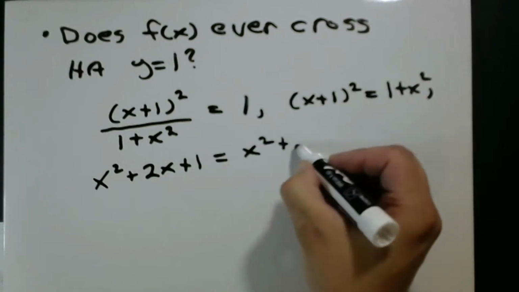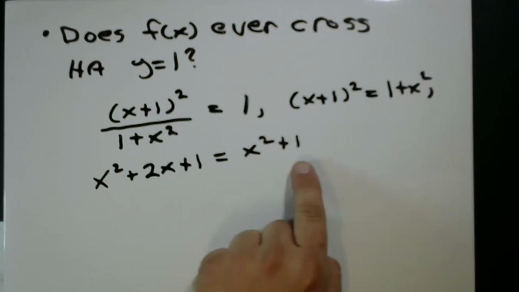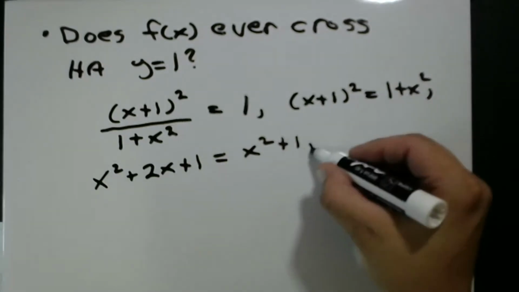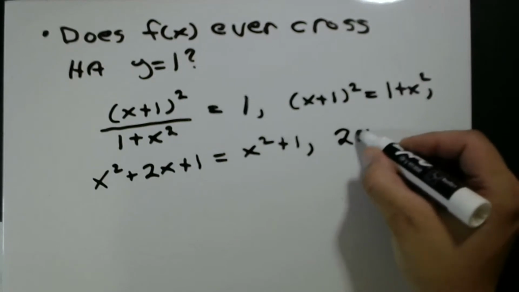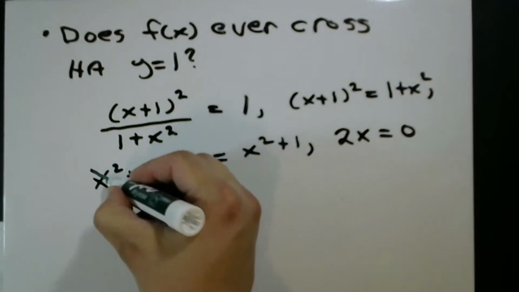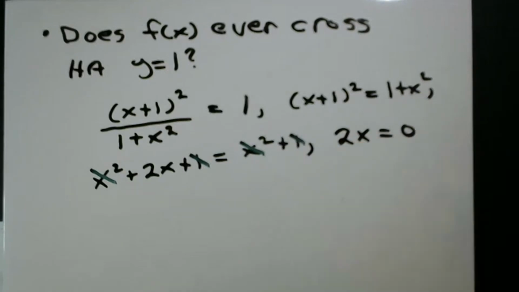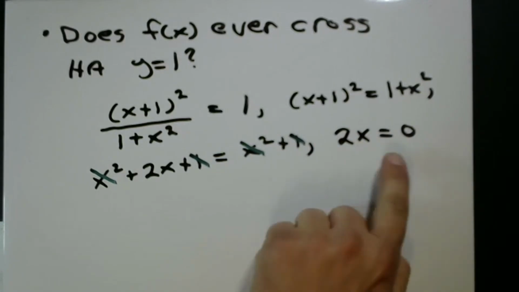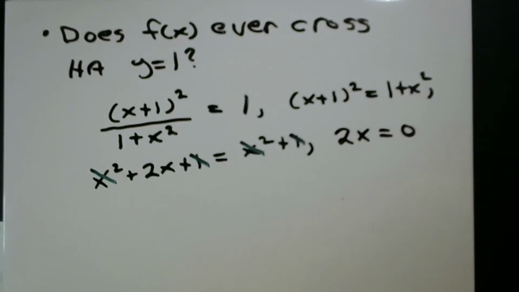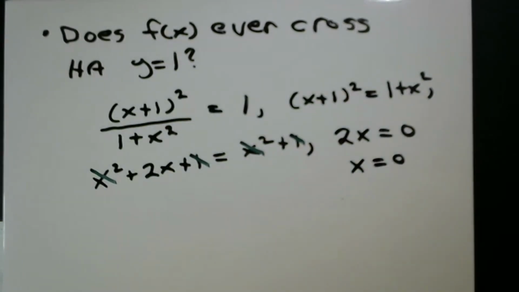I'll put this in descending order. Subtract from both sides, the x squareds cancel out. Subtract from both sides, the ones will cancel out. You're going to be left with 2x is equal to 0. Divide both sides by 2. We get x equals 0.